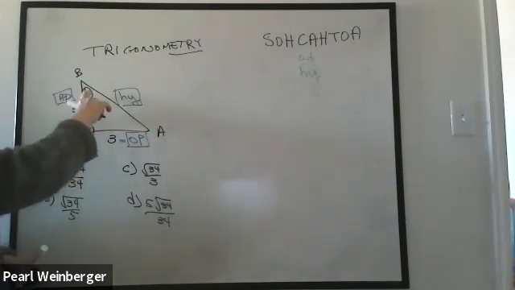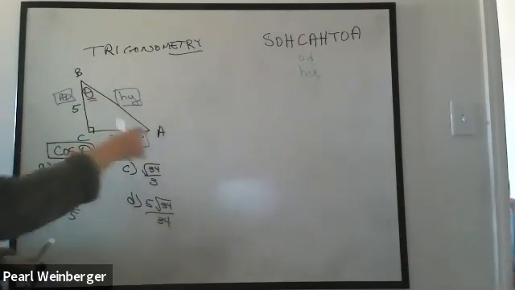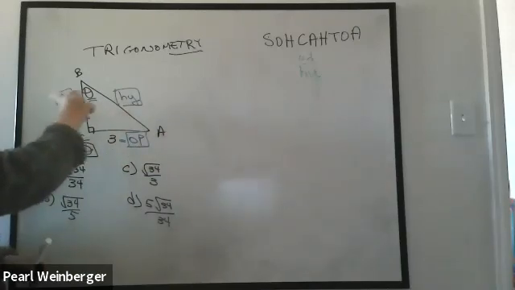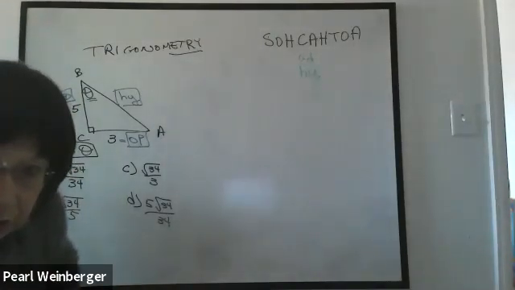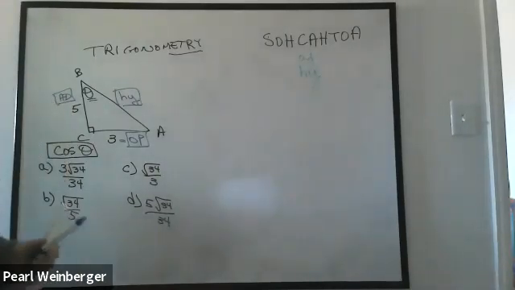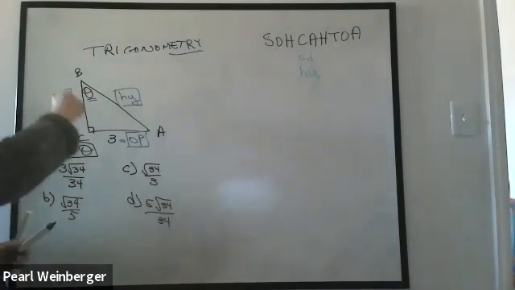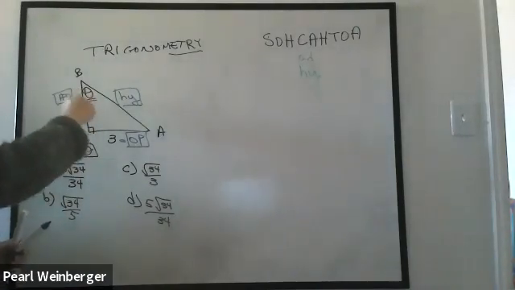Remember, I'm looking at it from the perspective of theta, which is over here. This is opposite now, even though if this was A, this would have been the opposite. That's why I have to tell you what angle to look at, because your perspective of what's opposite, what's adjacent, and what's hypotenuse depends on the angle.